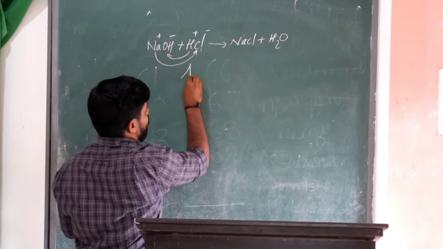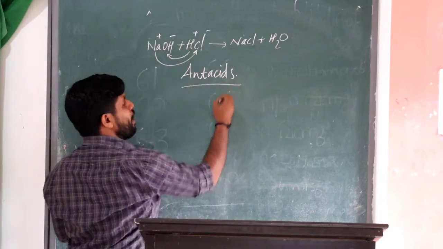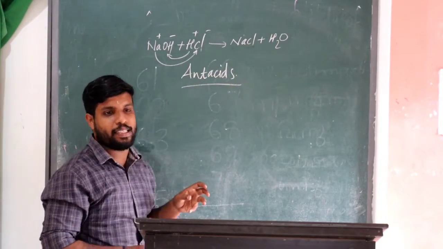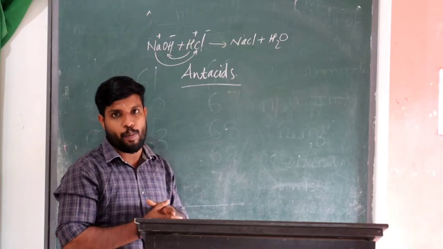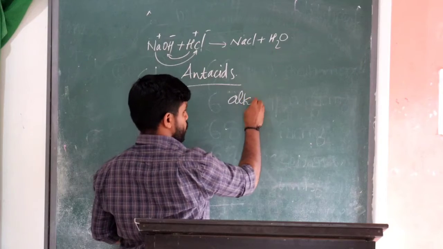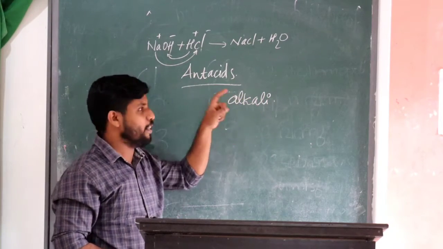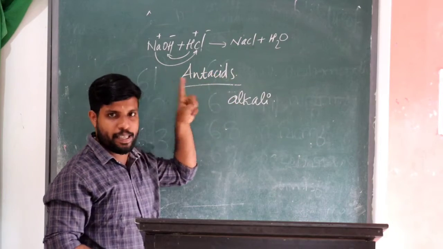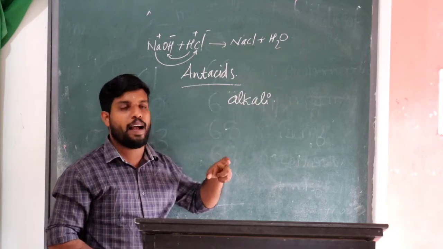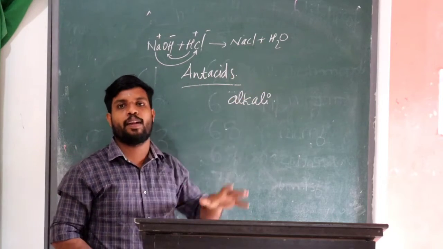They decrease the effect of hydrochloric acid in our stomach. Generally, these medicines contain alkalis because our stomach contains acid. The medicines that reduce the acidity in the stomach are commonly known as antacids.